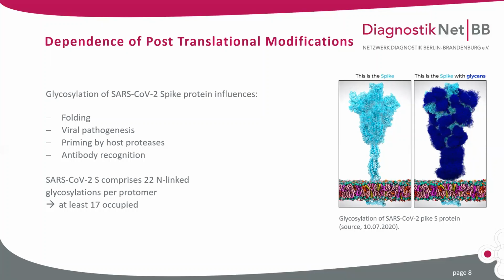In the sketch, the light blue is the protein scaffold, and on the right side with the dark blue added, you see the glycosylation with the glycans, and you see it's a completely different look from the outside. Therefore you have to see whether the antibodies are going against the protein structure or the glycosylation, and that has to be differentiated, of course. And the glycosylation is always depending on the actual situation of the patient, of the donor, or whatever, in terms of his metabolism. So it's a huge difference in the early onset of a disease and the late onset. There are differences in the degree of glycosylation.